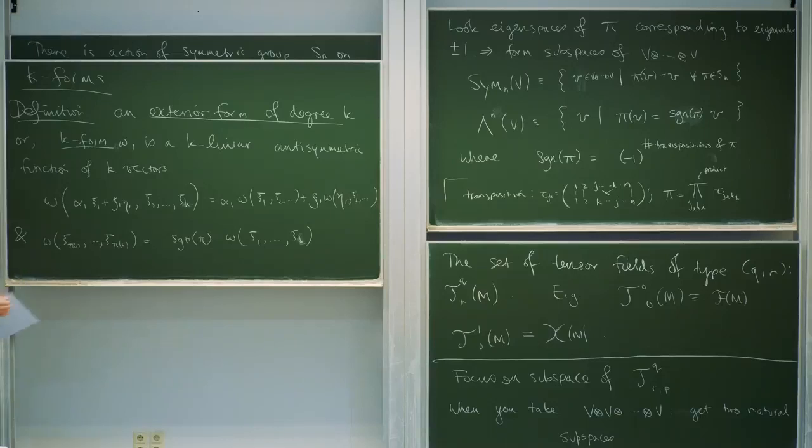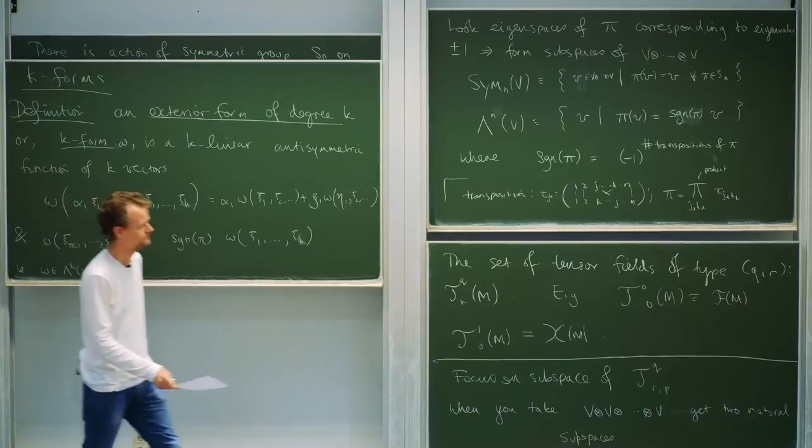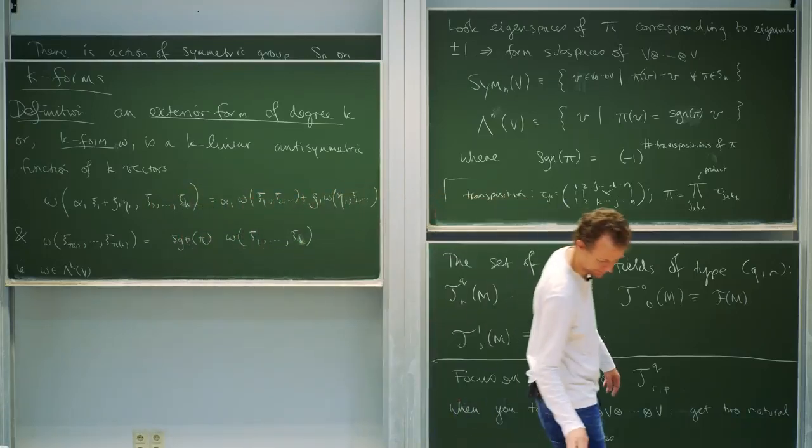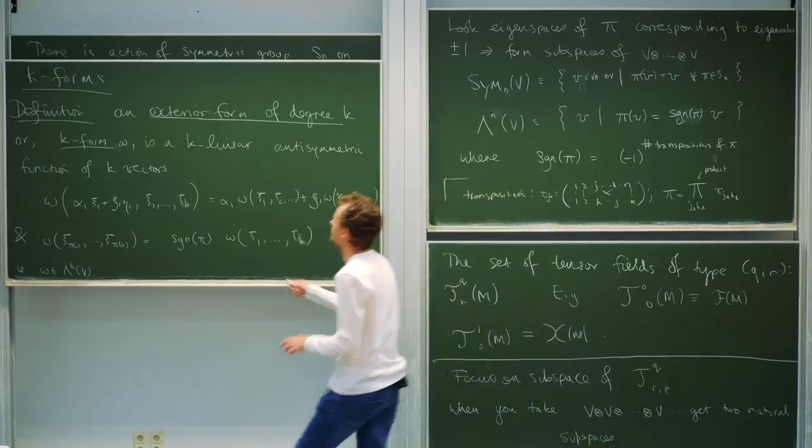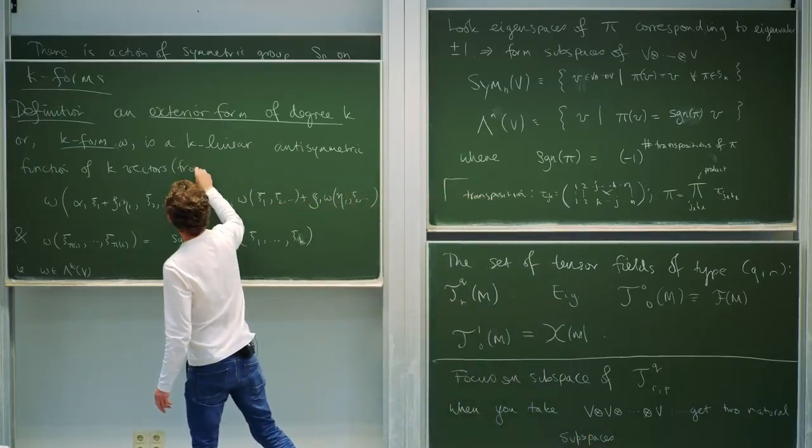Okay, that was a really tedious way of saying omega is an element of the antisymmetric vector space. This thing here is called wedge k of V. Oh, k vectors. Where are they coming from?